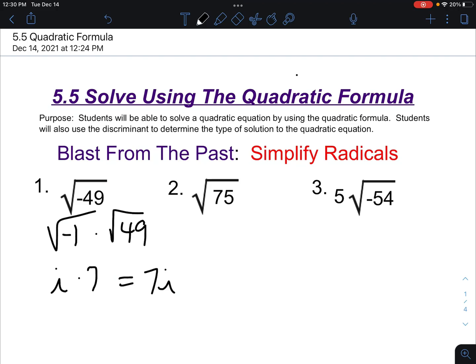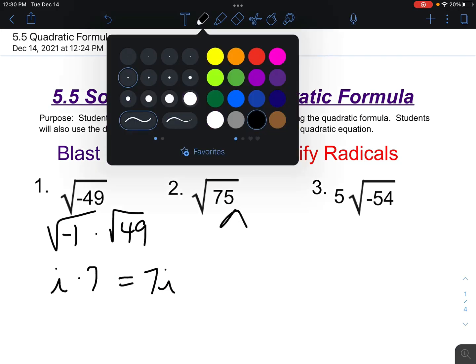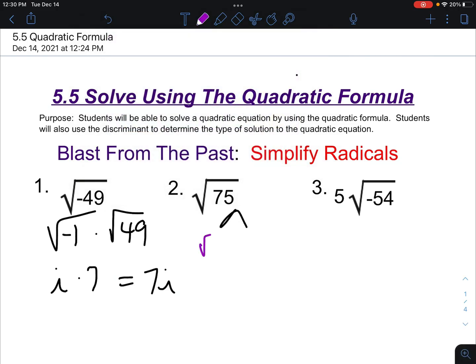All right. If it's not a perfect square, we would look to break it down into perfect square factors. So square root of 25 times the square root of 3, so that's 5 radical 3. And then last but not least, negative 54 is going to give us, we could do 9 and 6. Is that going to work out? Oh, maybe.